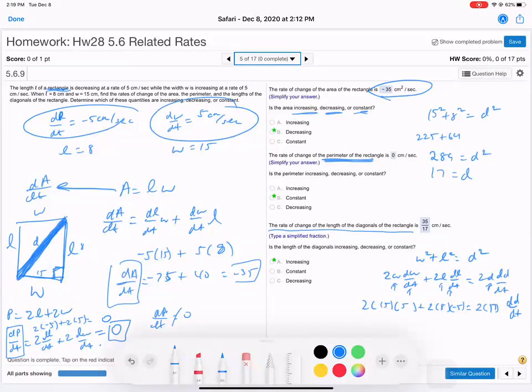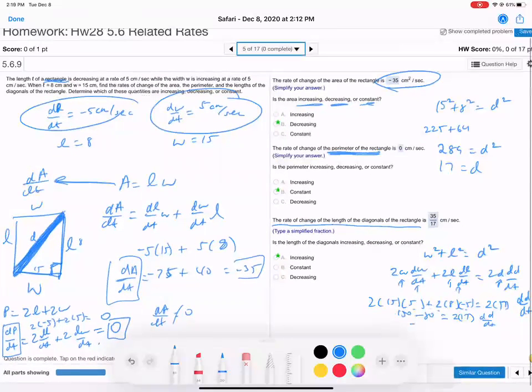Okay. Add these up. That's 150 minus 80, so 70 equals 2 times 17 dD over dt. We're going to move that over, divide it over.